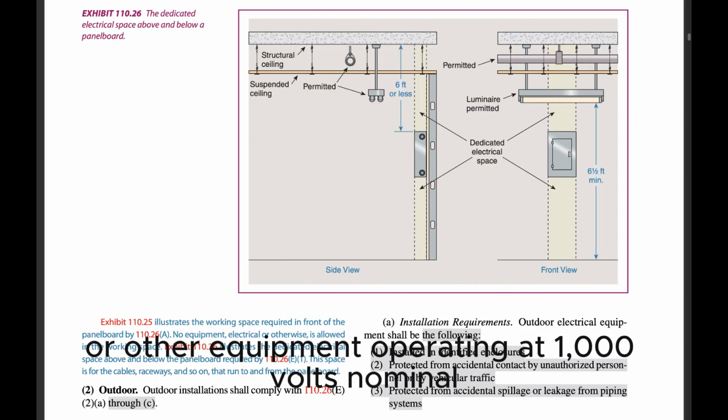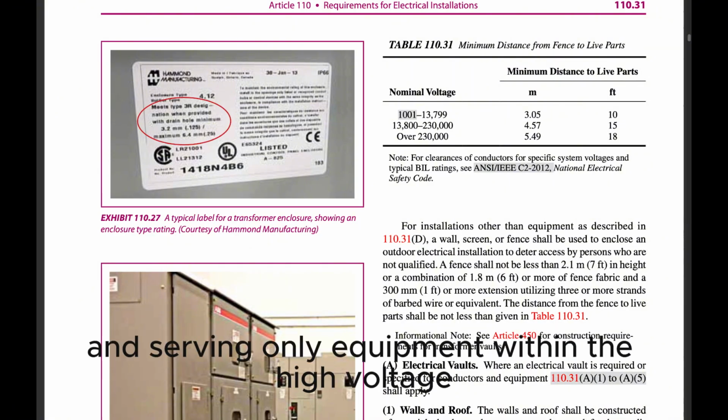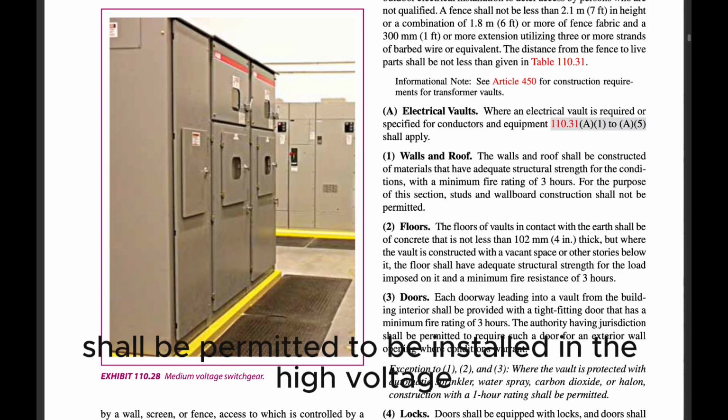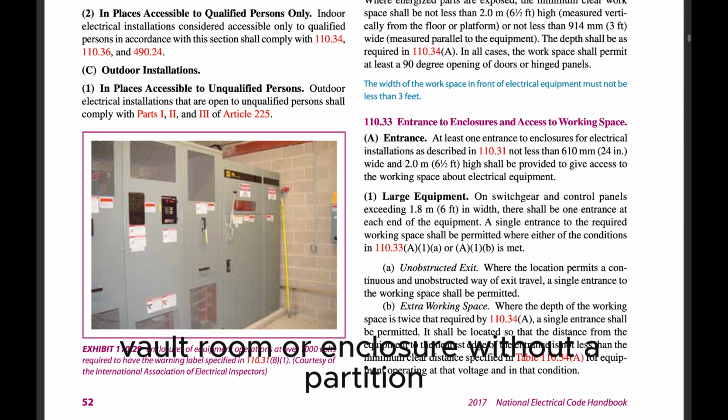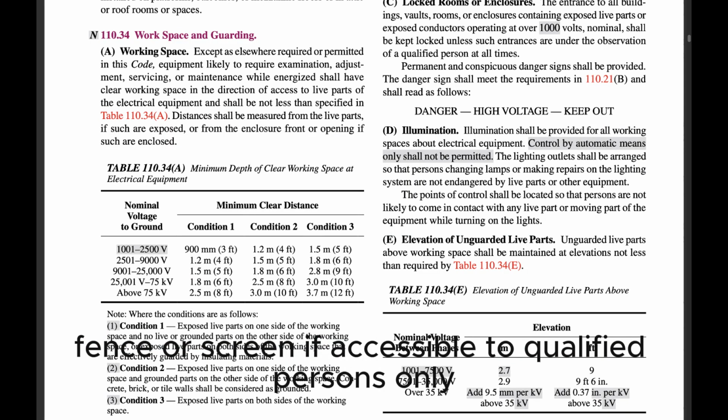Exception: switches or other equipment operating at 1000 volts, nominal, or less and serving only equipment within the high-voltage vault, room, or enclosure shall be permitted to be installed in the high-voltage vault, room, or enclosure without a partition, fence, or screen if accessible to qualified persons only.